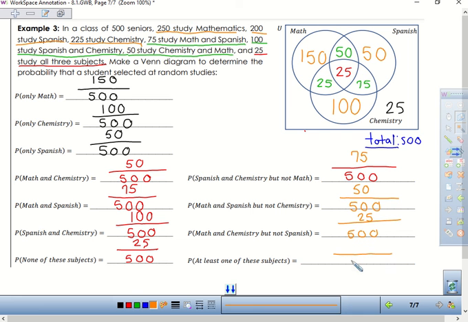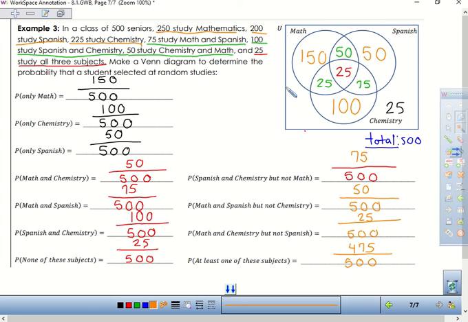And then students who study at least one of these subjects: 475. How did I get 475? 500 minus 25. Or you could add up all the circles, but that's the harder way to do it.